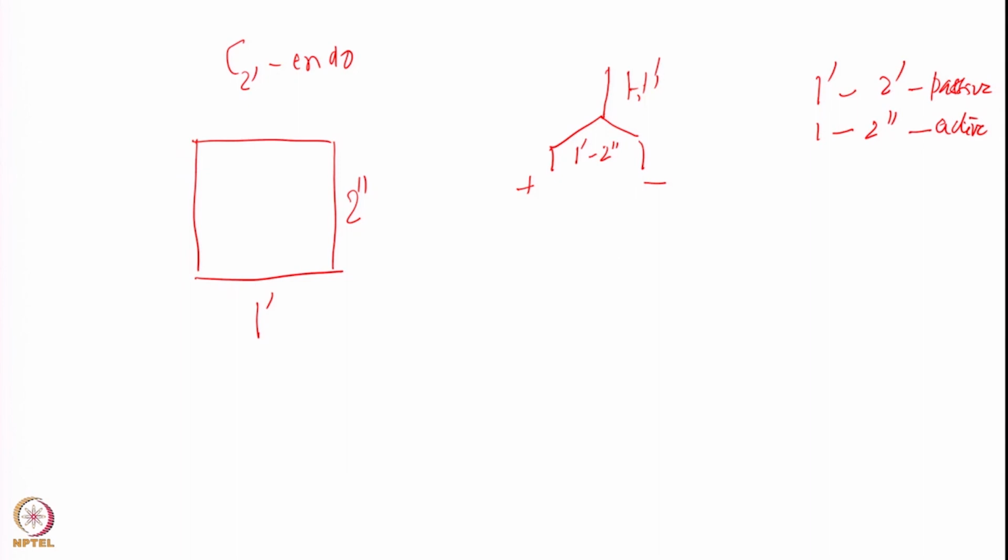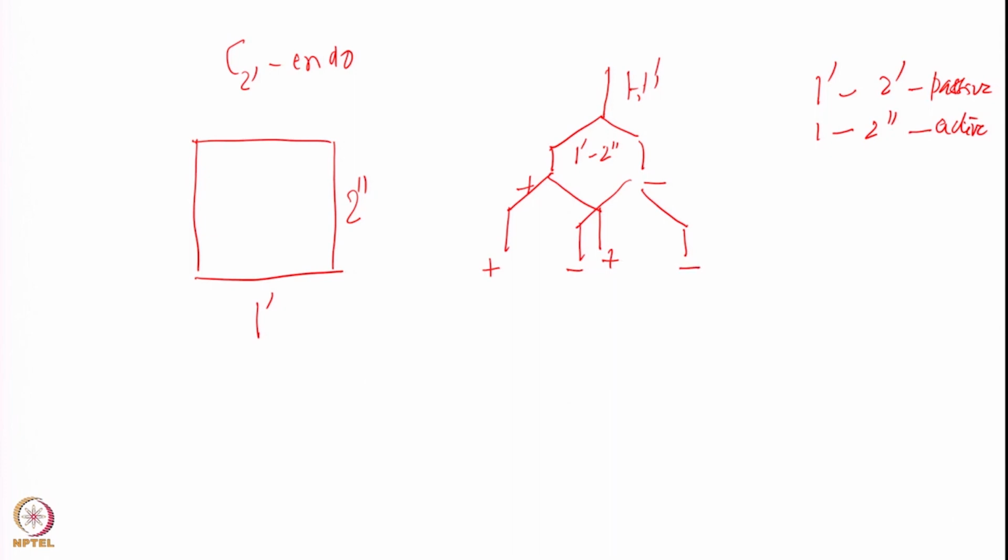Now, the 1' 2' coupling is much larger, about 10 Hz. So, therefore, this will further split into 2 and they will go like this. But since this is a passive coupling, I will have plus and plus here and minus there. So, this will produce a structure plus minus plus minus.